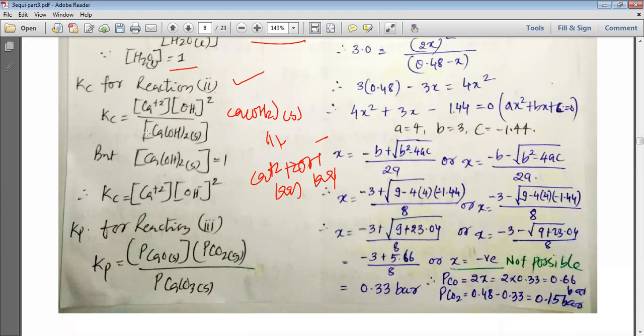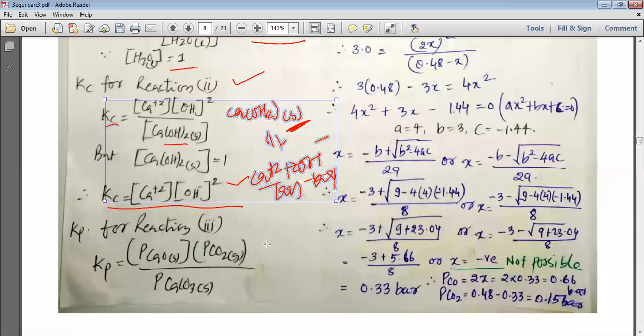For this equilibrium, we write Kc is equal to the concentration of Ca2+ times the concentration of OH- divided by the concentration of Ca(OH)2, which is solid. We consider the concentration of solid either constant or unity, and that is why Kc is equal to the concentration of Ca2+ and OH- whole square, because we get 2 OH-, so we put the square for the concentration of OH-.